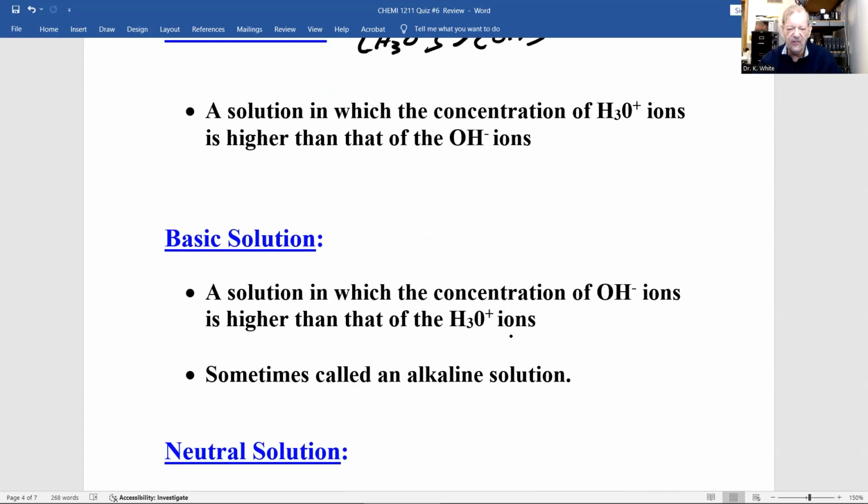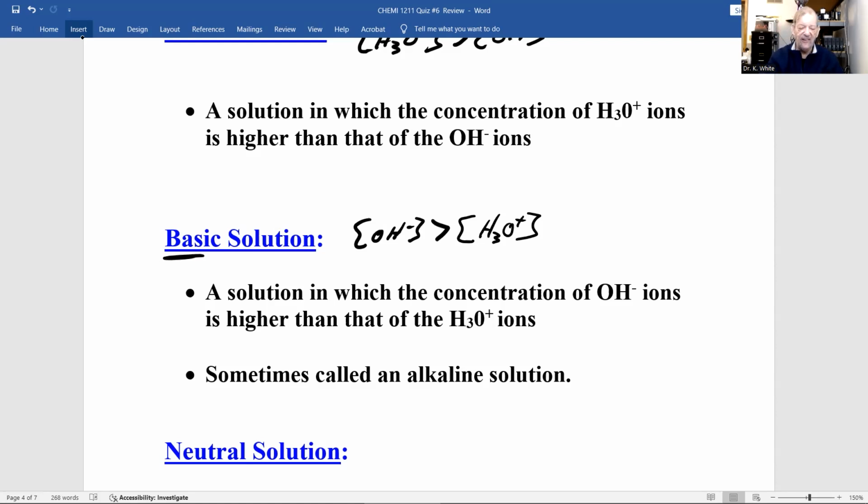Now, a basic solution is the opposite of that. The hydroxide OH minus concentration is, oops, got that wrong, is greater than the hydronium ion concentration. And that's a basic solution.